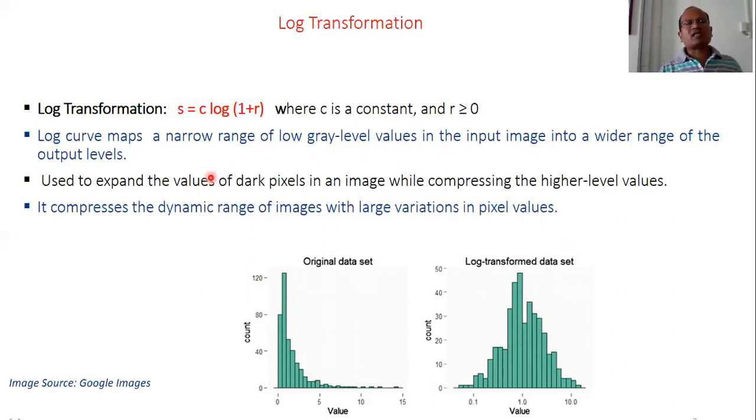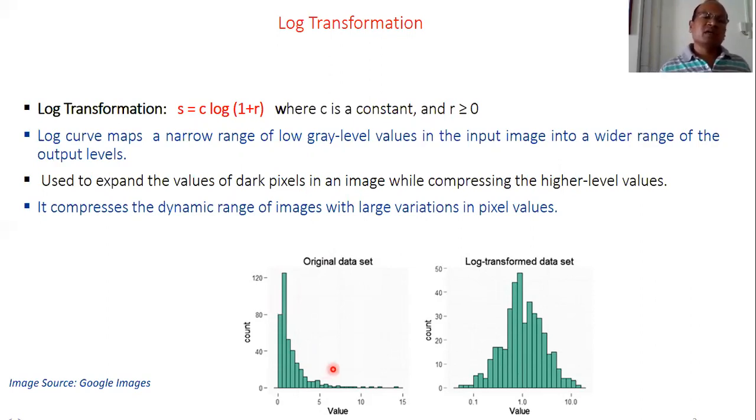Therefore, log transformation is used to expand the values of dark pixels in an image while compressing the higher level values. So if there are dark pixels whose intensity values are very, very low, they will be expanded, and higher values will be compressed. See here in the first picture, a few intensity values have very high values, but the other values indicate darker pixels.